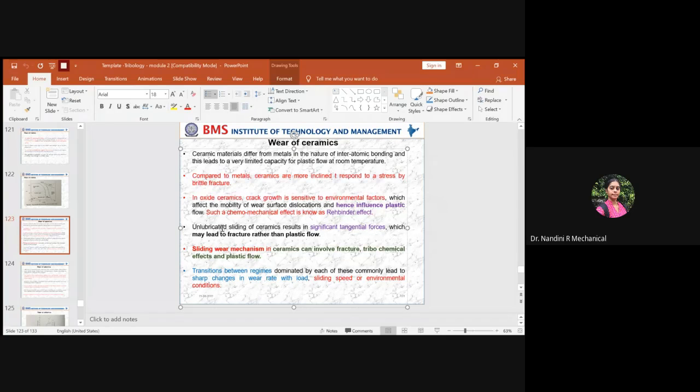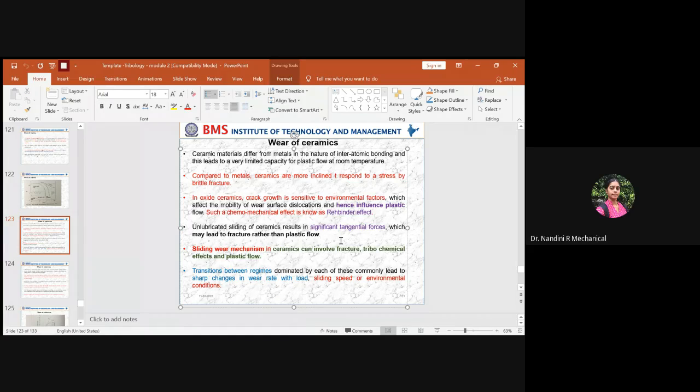Okay. So suppose you have ceramic components and it is unlubricated and it is sliding, then what happens? It usually results in significant tangential forces. So due to the tangential forces, in case of ceramics, it leads to fracture rather than plastic flow.